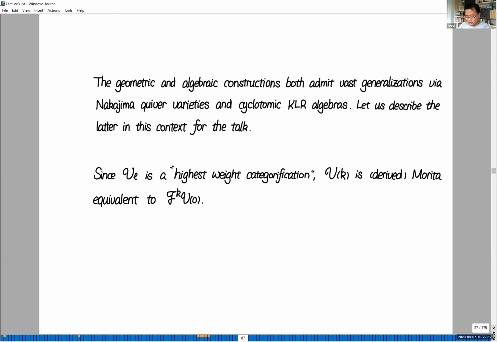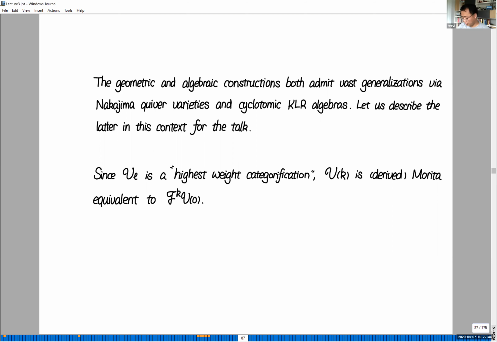Because V_L is a highest weight categorification, you can think of it as behaving very much like a highest weight representation. Everything in this categorification can be obtained by applying lowering operators to the highest weight vector, or in this case, the highest weight category. V_0 in this case must have the simplest structure: it's just graded modules over a vector space.